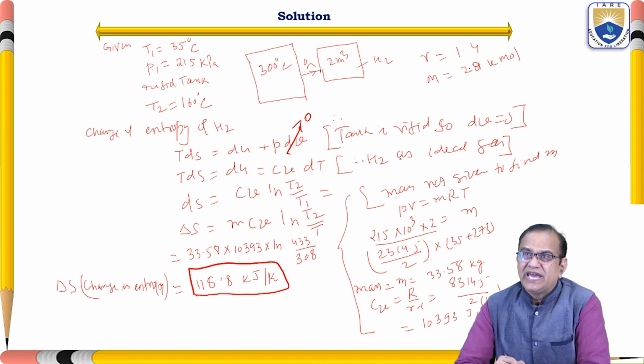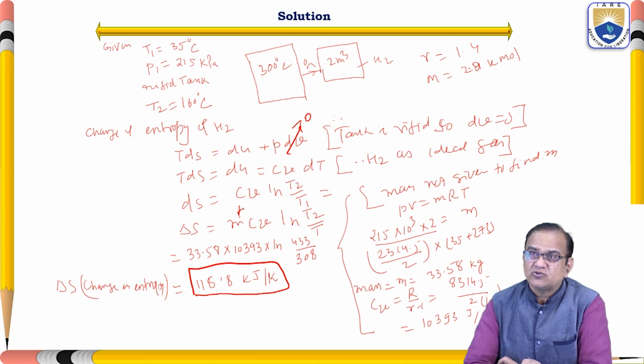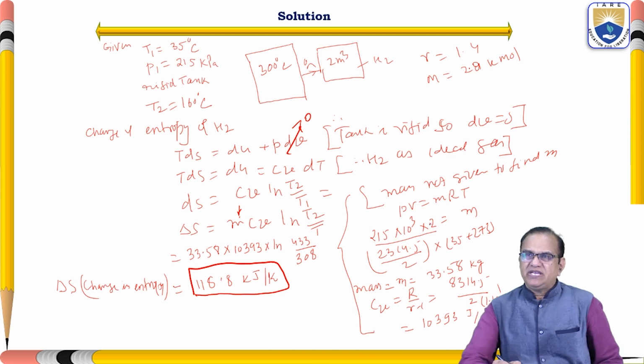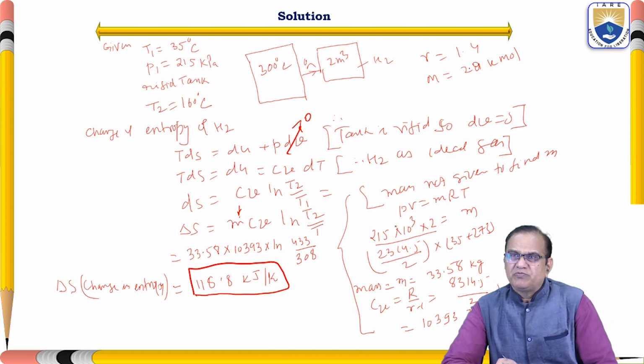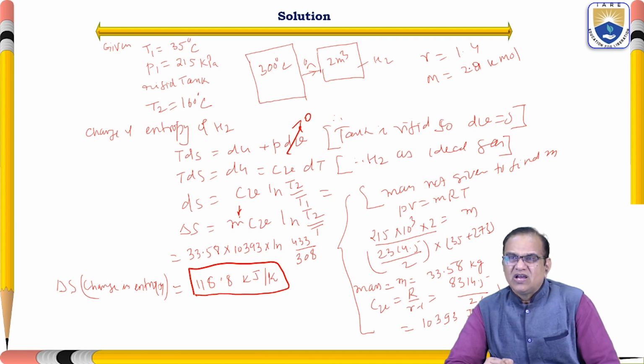So now H2 as an ideal gas, mass is not given, so we have to find out the mass. How to find it? PV is equal to mRT. So m is equal to PV divided by R into T. So you will get the mass is equal to 33.58 kg, and CV is equal to R by gamma minus 1. R is equal to 8314.5 divided by 1.4 minus 1.